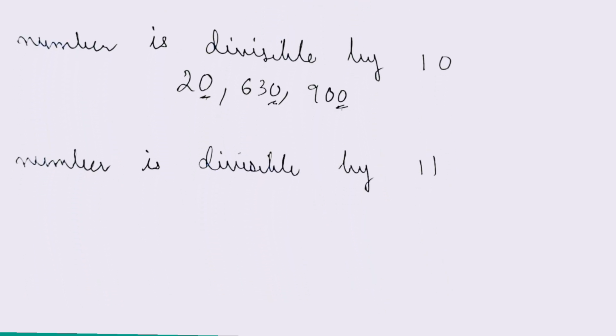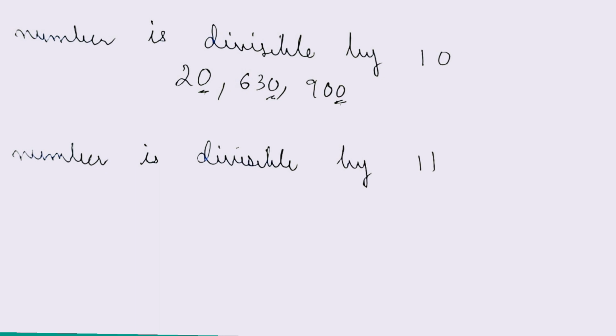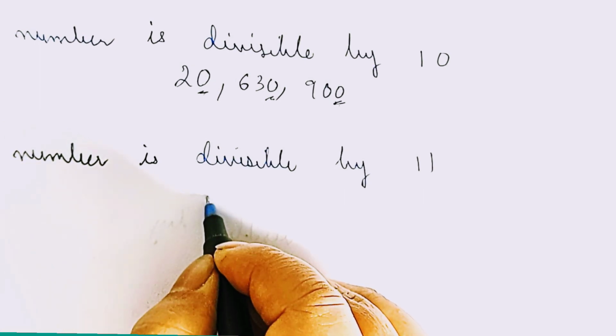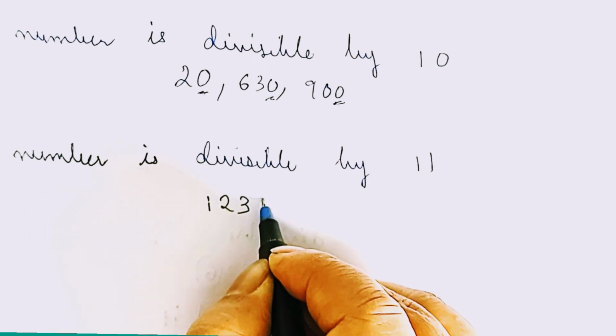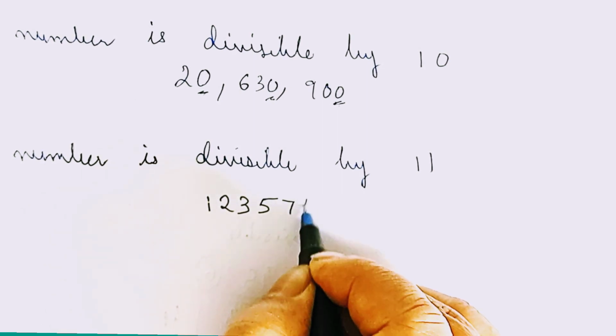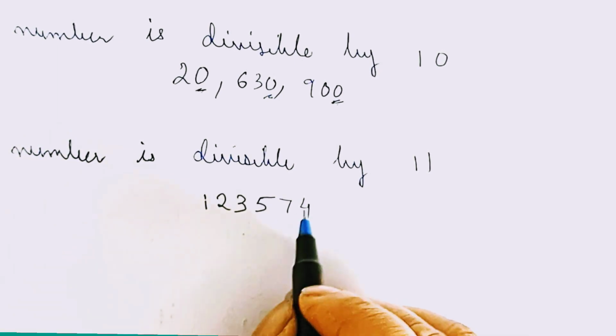In this case, you have to do a little sum. Let's consider a number, say 1, 2, 3, 5, 7, 4. Friends, you have to start from the unit place.